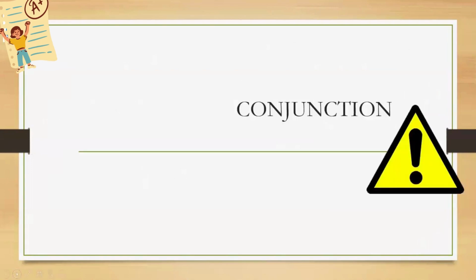And the error that we need to look out for would be the use of conjunction. Now, make sure you know how to use each type of conjunction properly in a sentence.